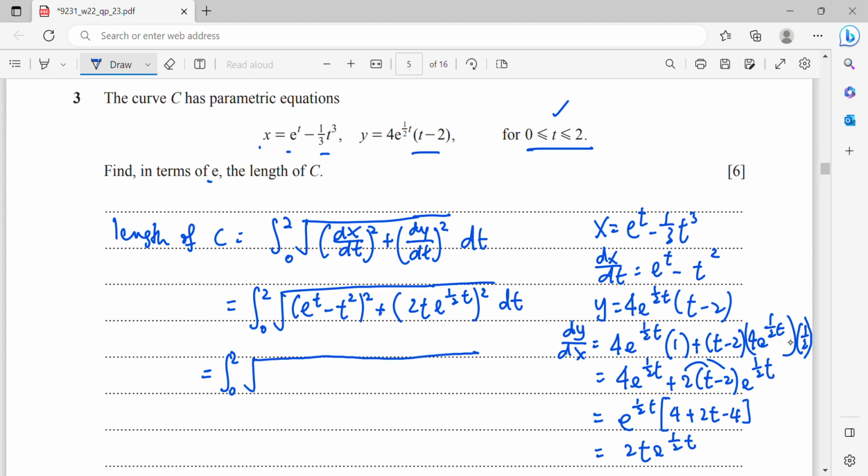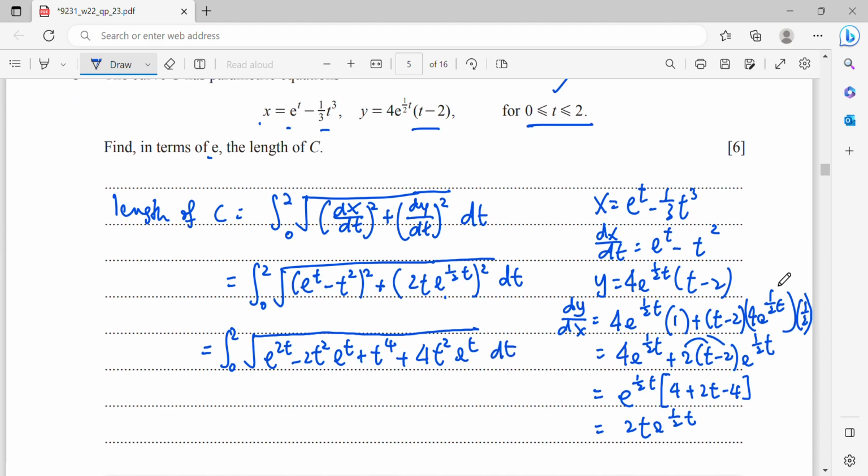So when you square e^t minus t squared, you will be getting e^(2t) minus 2t squared e^t plus t to the power 4. Okay, and then for the last term, it will be 4t squared e^t, because e^(t/2) squared is basically e^t, dt.